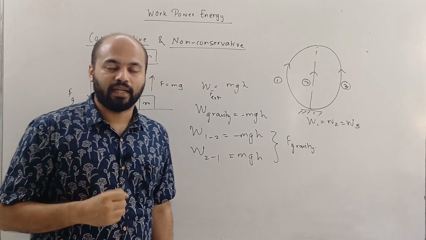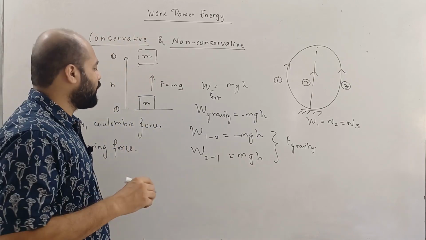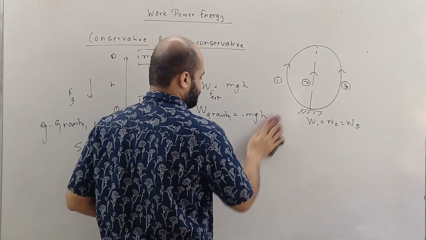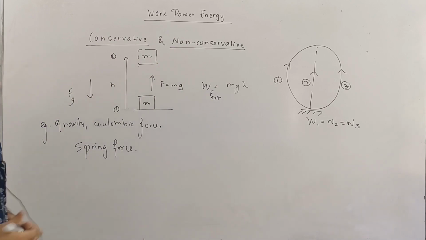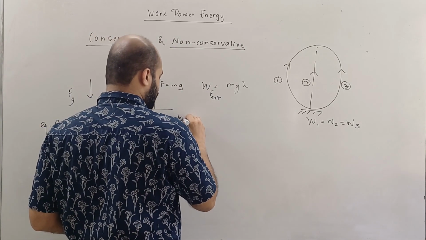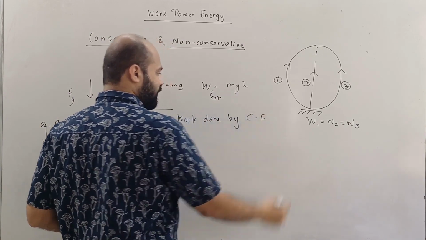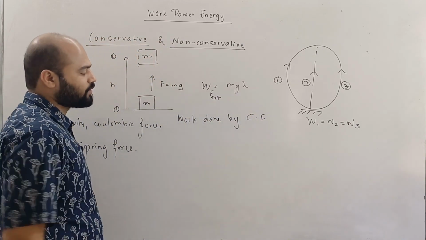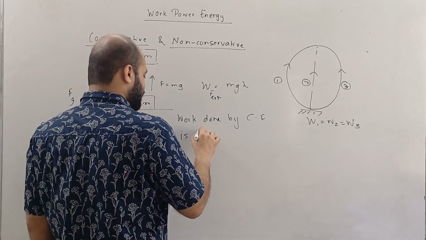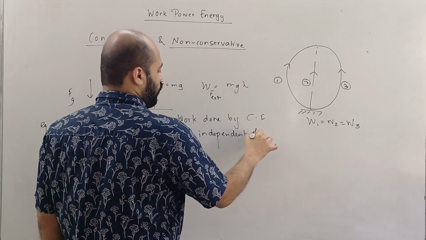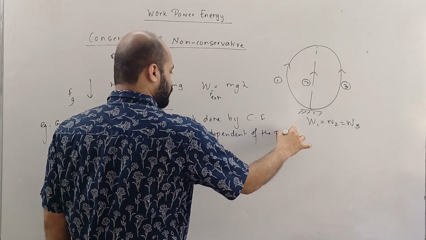Conservative force could be defined as that force which does work, and we can say that the work done by conservative force, CF is conservative force, is independent of the path followed.